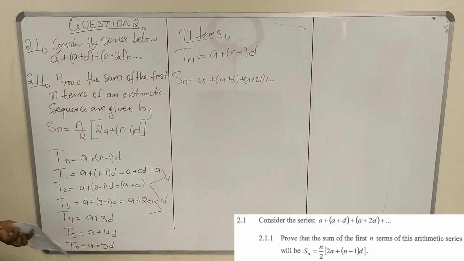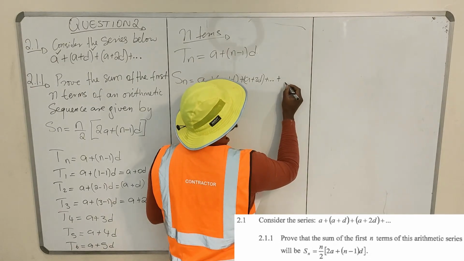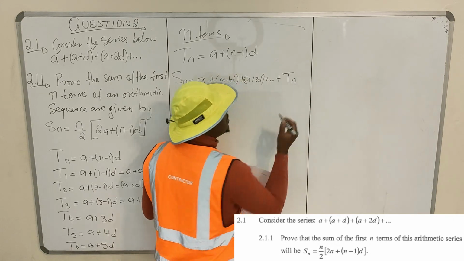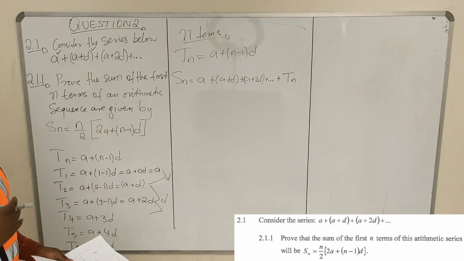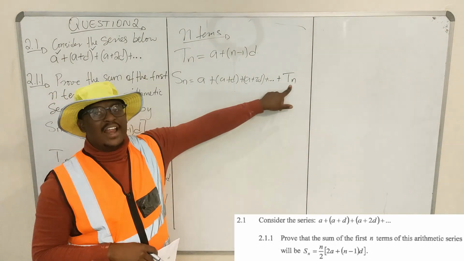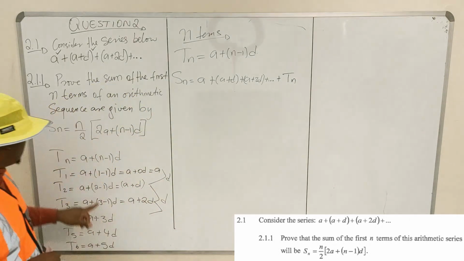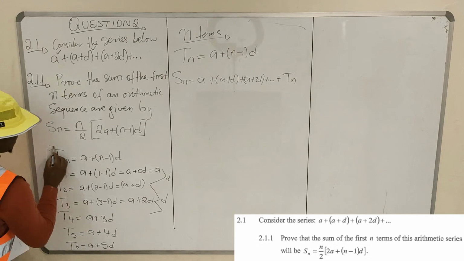When I say so on, it includes T3, T4, T5, T6, and so on. Plus, at the very end, the last term. What is your last term? The last term is Tn, your nth term, because you want the sum of n terms. This is your Tn, which is given by this.